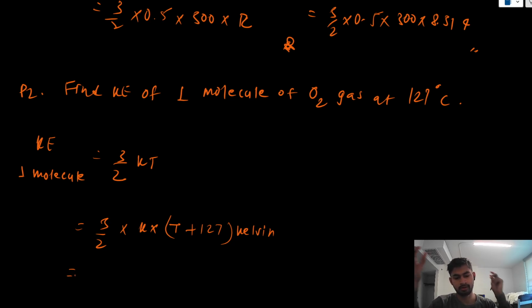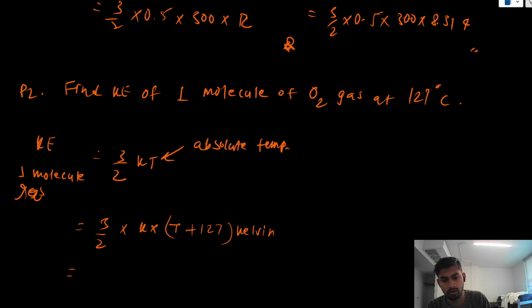As we know by the postulate, kinetic energy depends only on absolute temperature, that's why we don't need anything else, and we don't have to compute the mass and molar mass in this scenario.